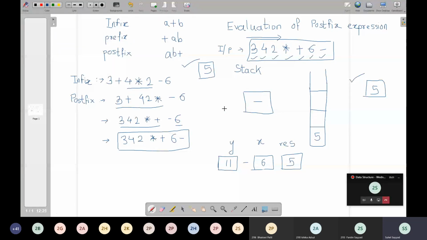Okay, take one more problem, all of you, for solving. So this is the given infix expression. I have directly given you an infix expression, so that first you calculate postfix for this.